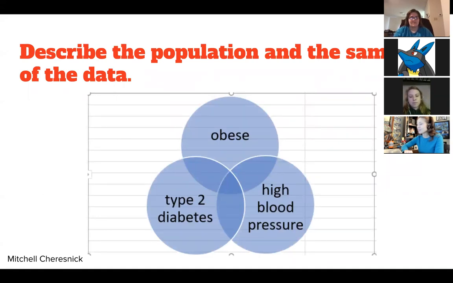Ruby, can you ask this question? It's Mitchell's. Mitchell, describe the population and sample of the data. The sample is people with diabetes and high blood pressure. Use the data to put each person in the correct category.